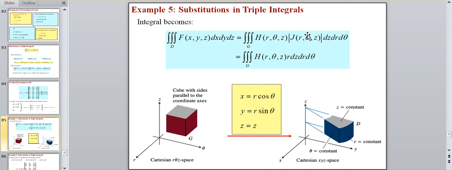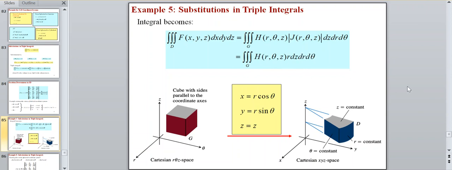Usually we try to choose r positive so we can remove the absolute value. So it becomes r dz dr d theta. So this is dV in cylindrical, right? So now you know why dV in cylindrical equals r dz dr d theta. This r is coming from the Jacobian. And of course, when we describe the region G, then we can calculate this integral first with respect to z, then with respect to r, then with respect to theta.